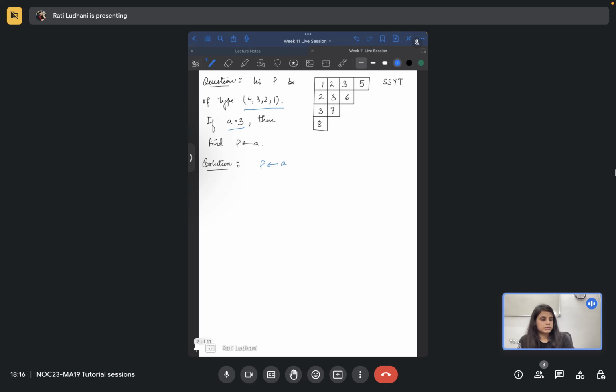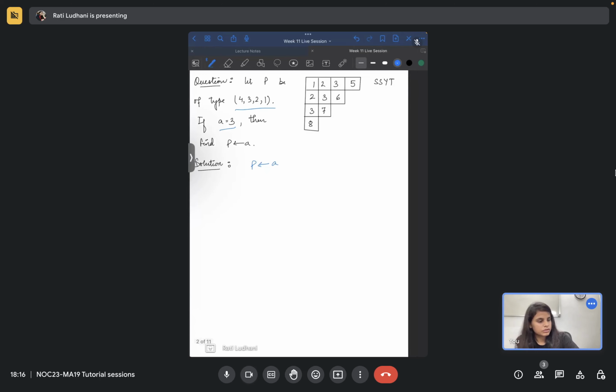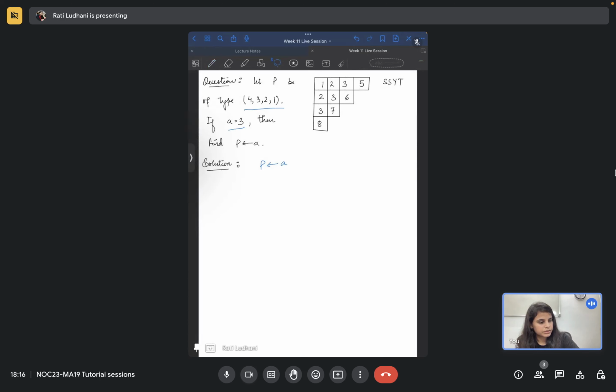Let's see. I can copy this. So this is our P. Now what we need to do is insert a equal to 3.